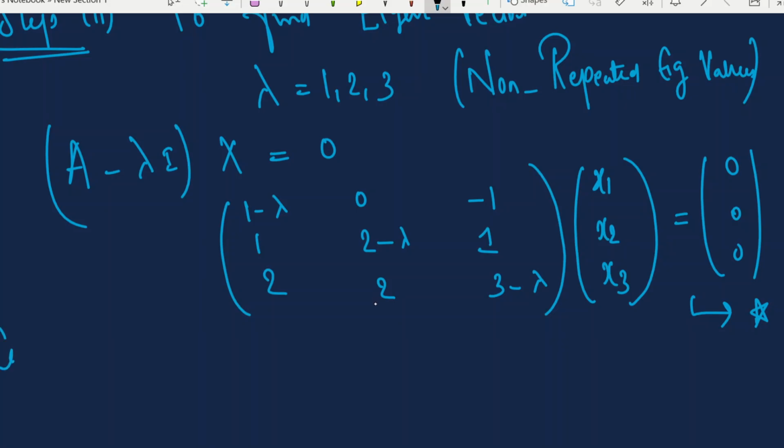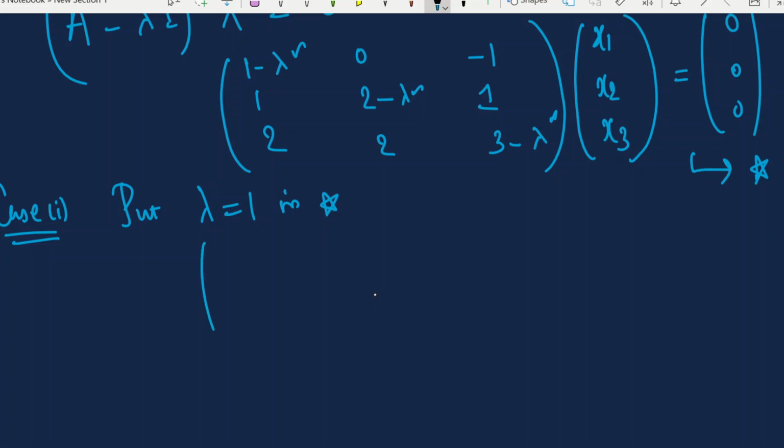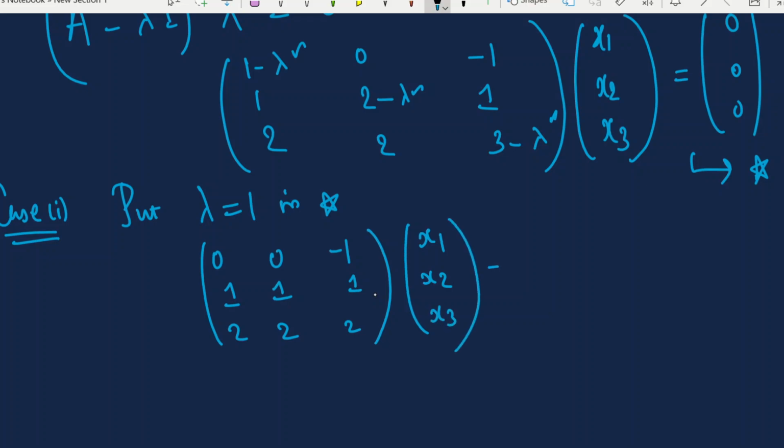Now one by one we have to substitute our lambda values in this star. So first, case 1, put lambda equals 1 in star. Here I am going to substitute 1 minus 1, 2 minus 1, 3 minus 1. So our equation becomes 0, 0, minus 1, 1, 1, 1, 2, 2, 2 into x1, x2, x3 equals 0, 0, 0.